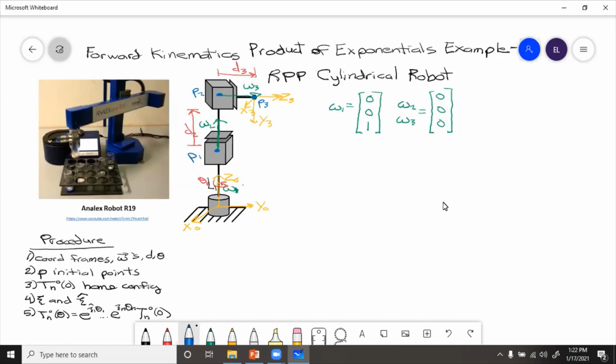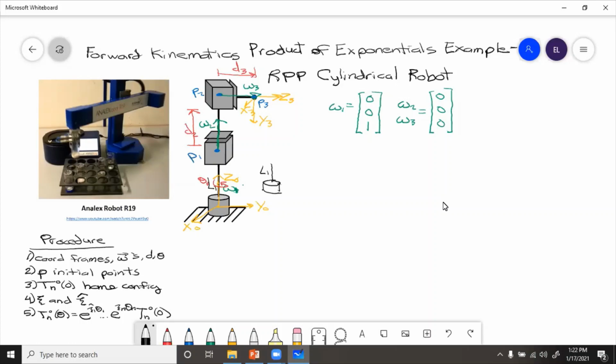So P is also given in the initial configuration. So that means that both of these D values are going to be 0. The robot will be all shrunk up on itself. So just kind of what that would look like if the robot is all shrunk in on itself. We'll have the revolute joint down here, and then L1 there was given.